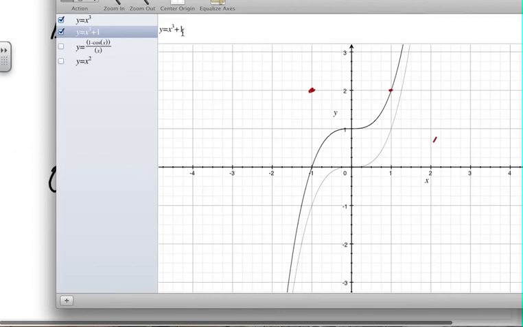We also don't have odd symmetry, because again, this point right there, if that was true, should be right there, and it's not. What's happened is because we've shifted up 1 unit, we're no longer going through the origin. I've got neither even or odd, and this is classified as neither.